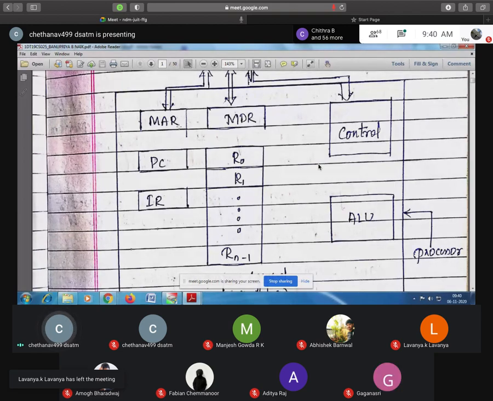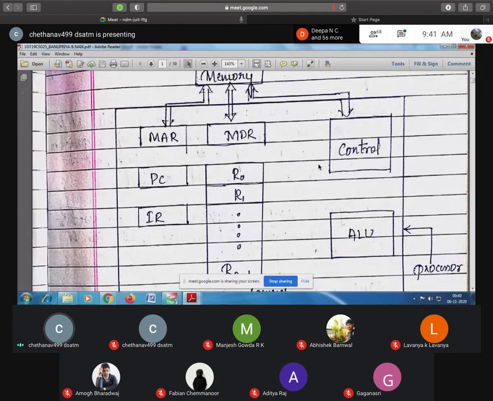MAR is the memory address register. I want to access some data from memory, so I require the address. That's why I use this register as a space where I keep the address of the data.